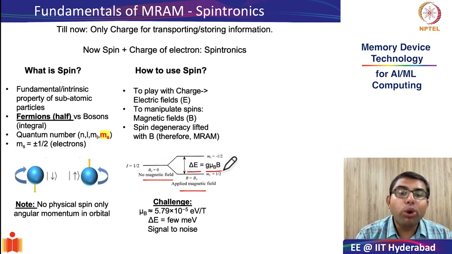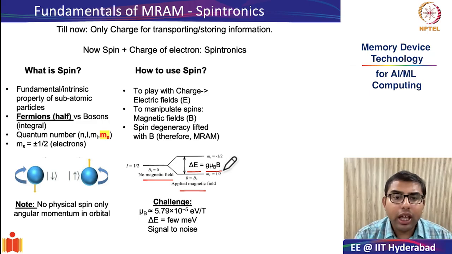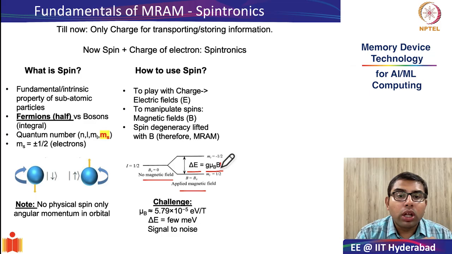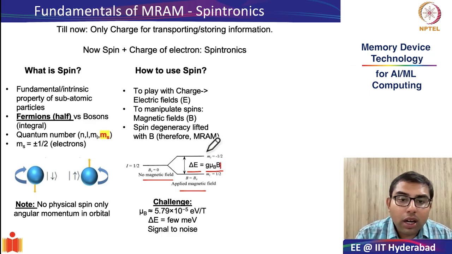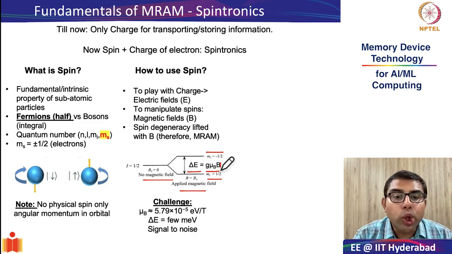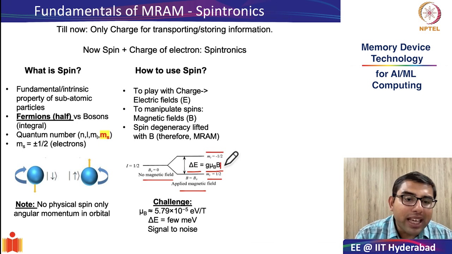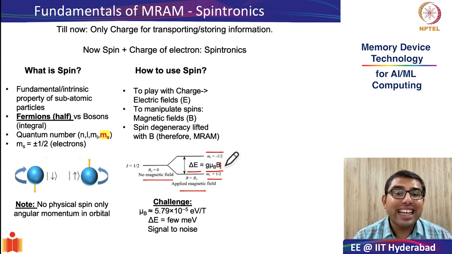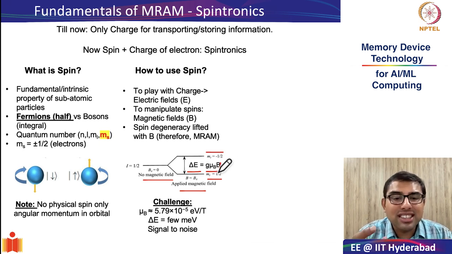The magnitude of the splitting is directly proportional to the applied magnetic field. So minus half spin has higher energy than the plus half spin, and the delta E is equal to g multiplied by the Bohr magneton multiplied by B. Let's not worry about what g is, but mu B is the constant of proportionality and it's a fundamental quantity.